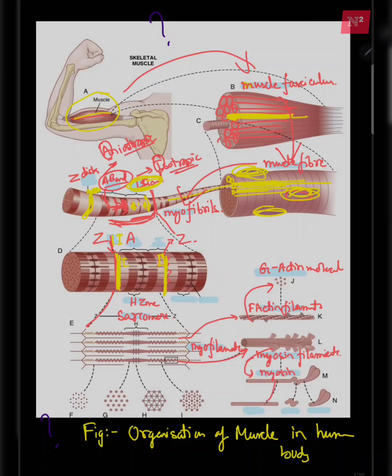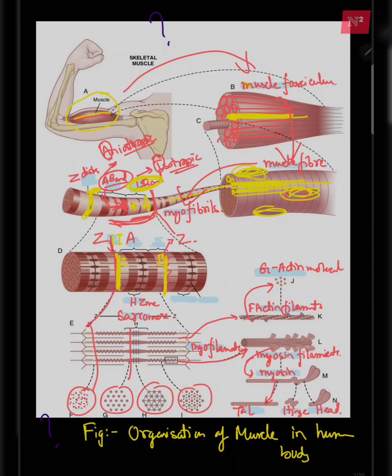Now the myosin molecule is made of a tail, it has a hinge, and it has a head. And this picture is showing you the cross-sectional morphology of the strand. If you take a cross section at this particular section, you will see these small dots, they are showing you the F actin molecules.